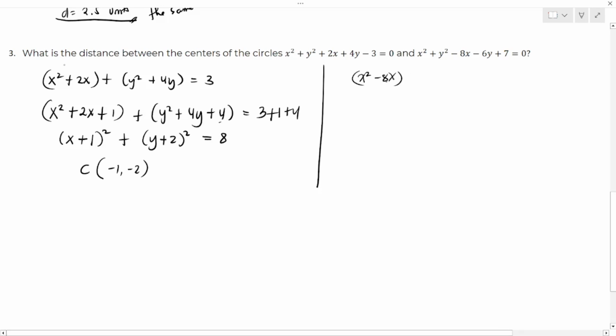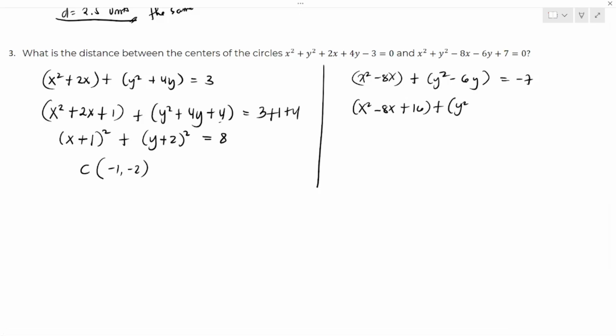Okay, for circle number 2, so we have here x squared minus 8x. So, i-group natin yan. Then we have here y squared minus 6y. Okay? And then ito, magiging negative 7. Sorry, medyo lag ang akong na-delay. Negative 8 over 2, that is negative 4. Correct? Negative 4 square, that is positive 16.